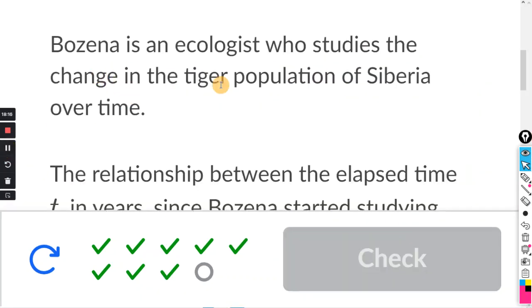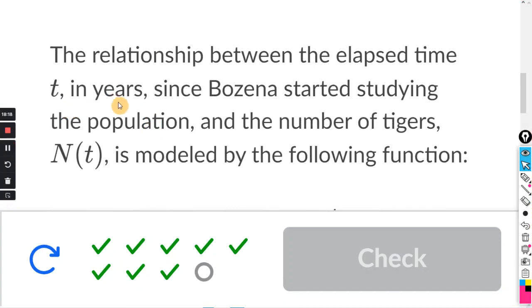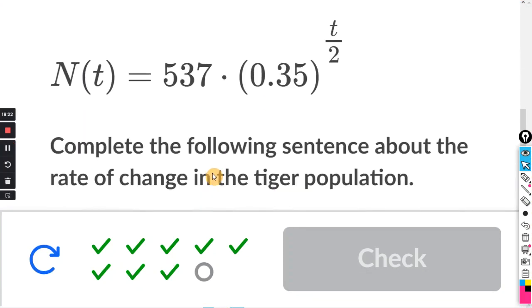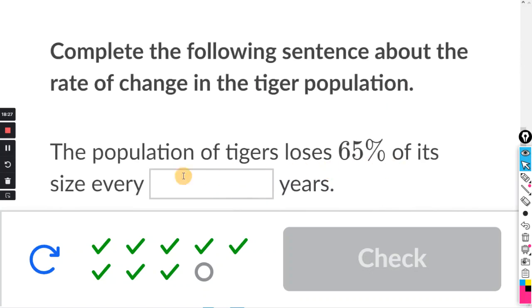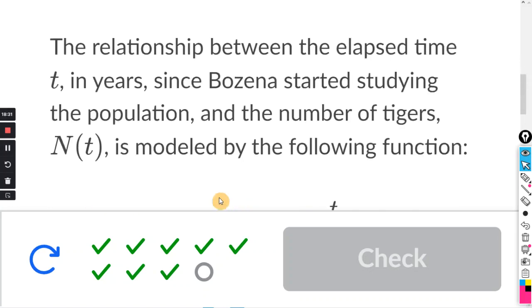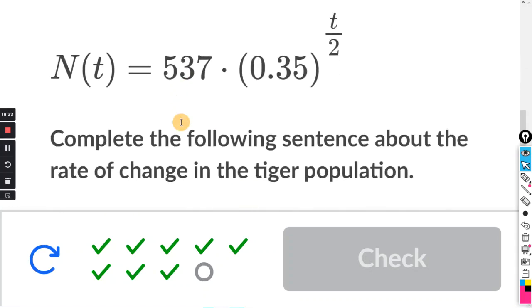Okay, so-and-so is an ecologist. T is in years, number of tigers is N. Here's our function. Rate of change. Population loses 65% every blank years. Okay, it said T is in years. And in order to lose 65%, you start with 100% and you subtract or lose 65%.